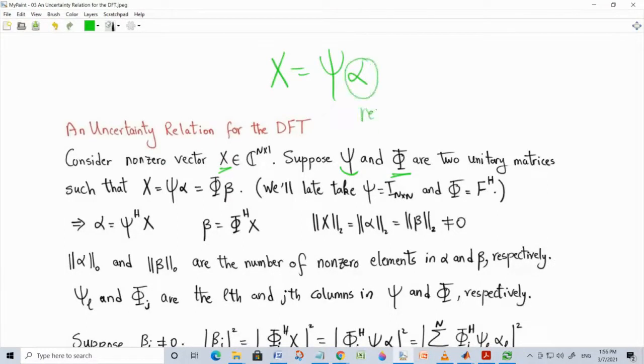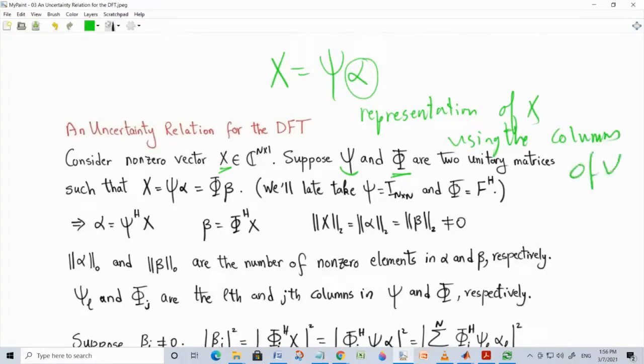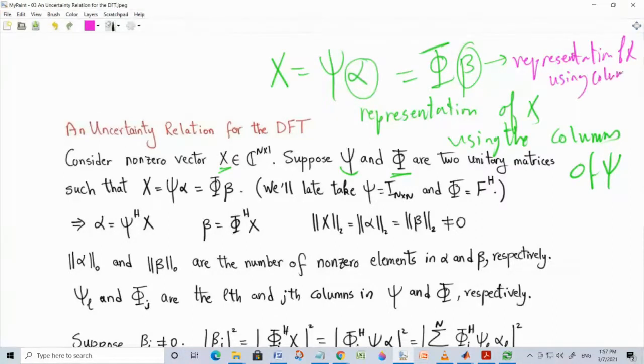So alpha is the representation of x using the columns of psi. Or perhaps you prefer matrix phi, and beta is the representation of x using columns of phi.